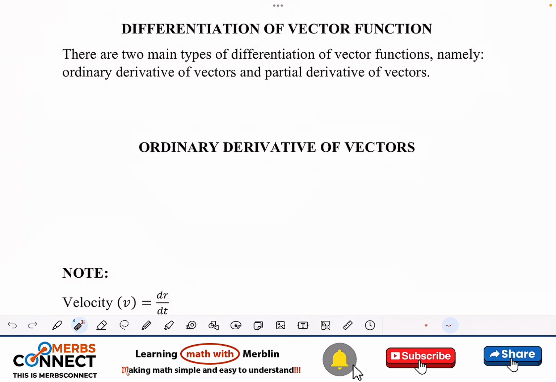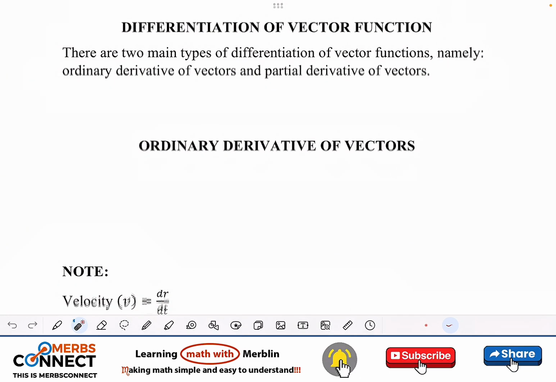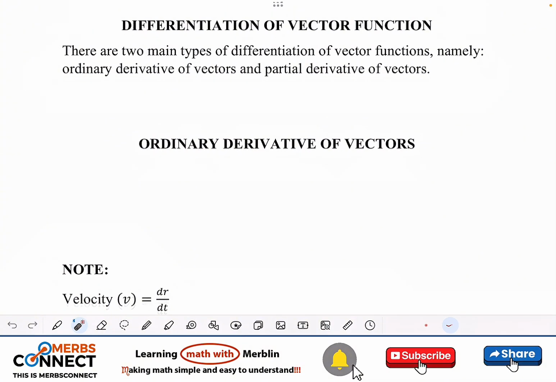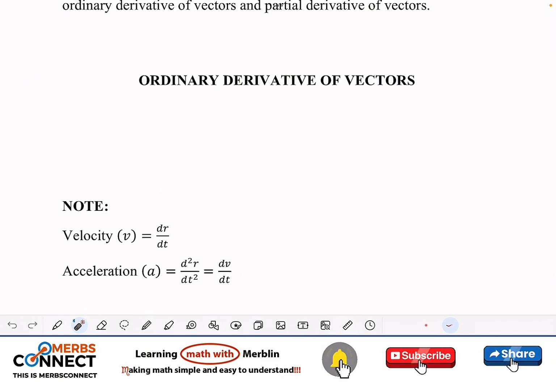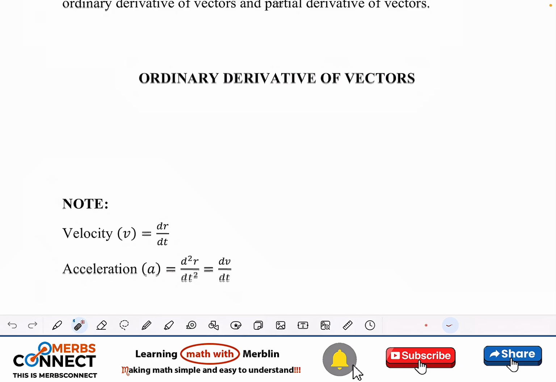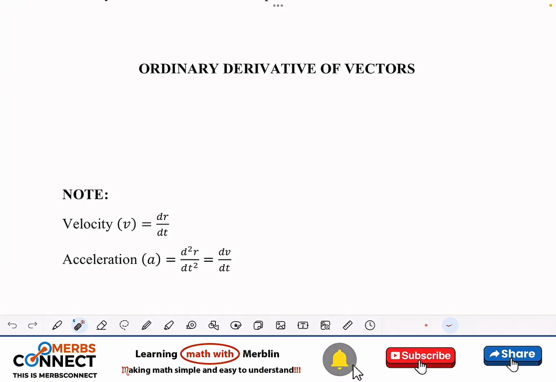Now, the very important thing that we need to know with this example is this: the velocity is actually dr over dt. Now the r here, we are talking about the position vector, or the parametric equation.